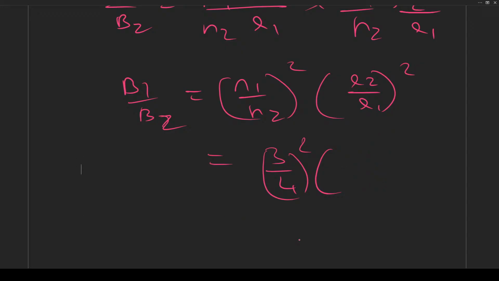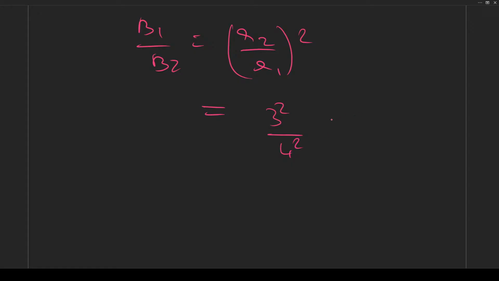So B1 by B2 is equal to r2 by r1 whole square, which is 3 square by 2 square, which you will get as 9 by 4.